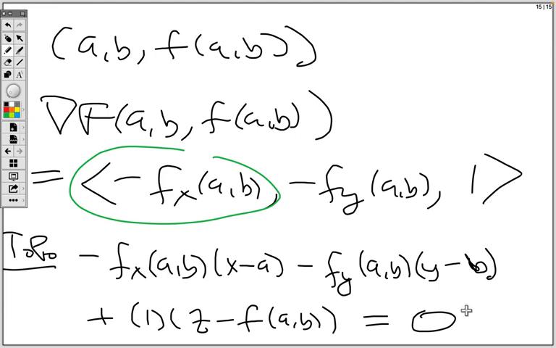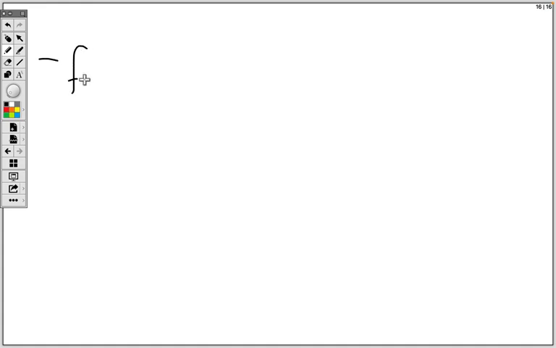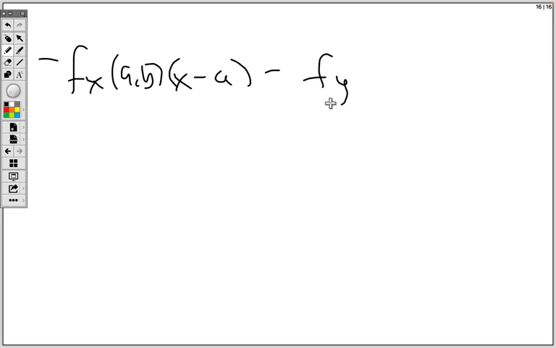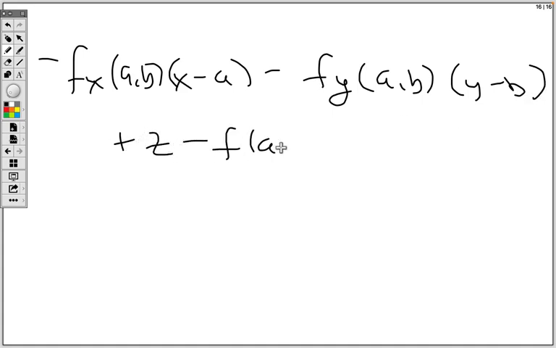using the gradient. So look what happens if I solve this equation for z. So I'll recopy this over here. So you can see what happens. I've got a minus fx ab times x minus a, minus fy at ab times y minus b, plus z minus f of ab, all equal to 0.